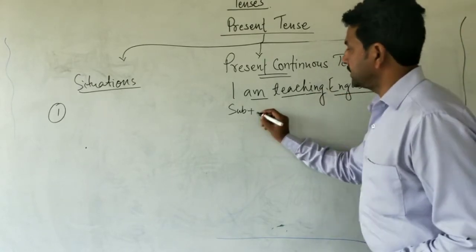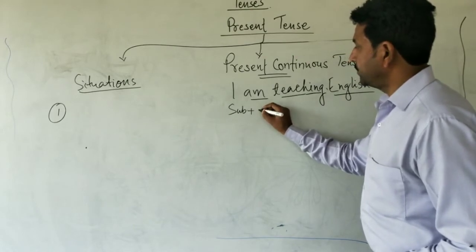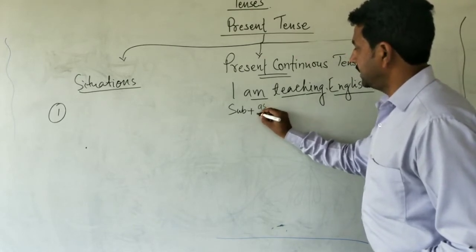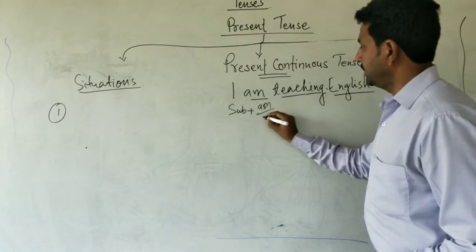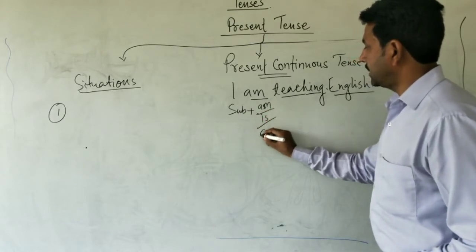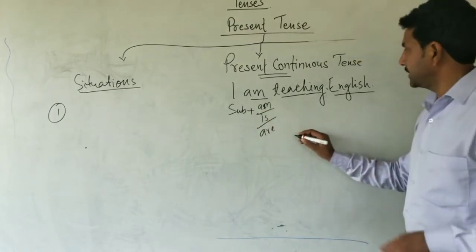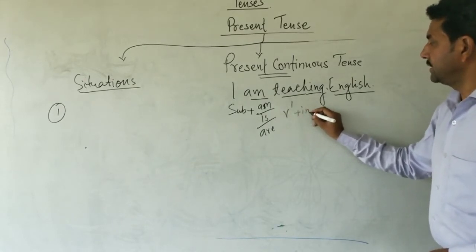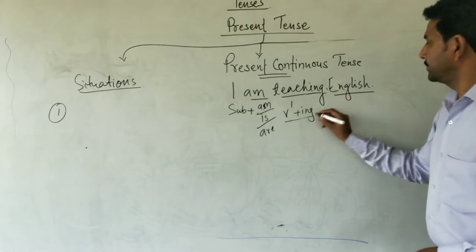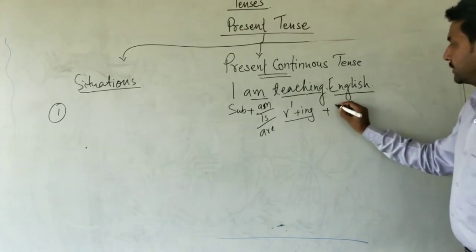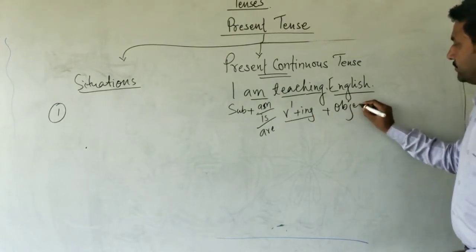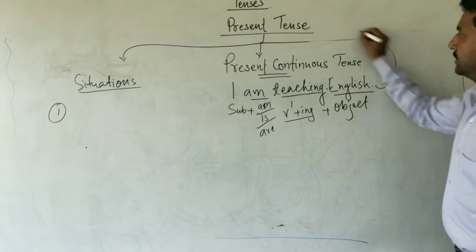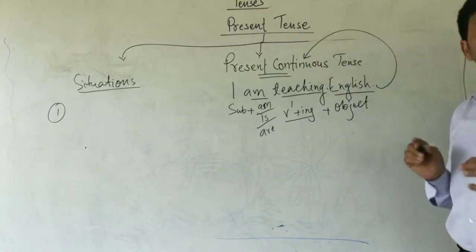So subject plus helping verb, which is am, is, are according to the subject, plus verb 1 plus ing form together, and after that the object. This is the present continuous tense structure.